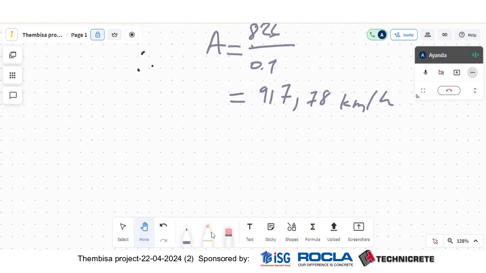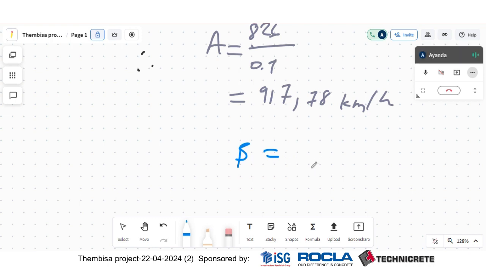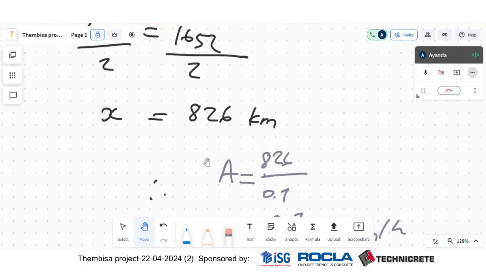The speed of plane B is 917.78 minus 20, which is 897.78 kilometers per hour. So we found the speed of both planes, plane A and plane B, as well as the distance at which they meet.